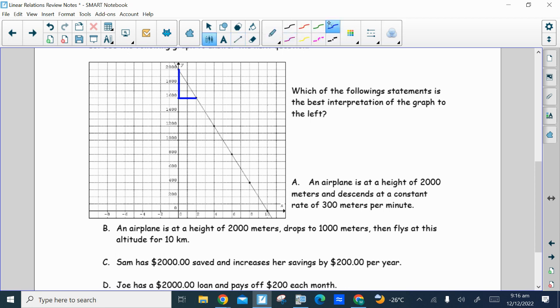The points are (0, 2,000) and this point here is the point (2, 1,600). Obviously, on this graph, the height will be on the left, on the y-axis, and the time in minutes would be on the bottom.